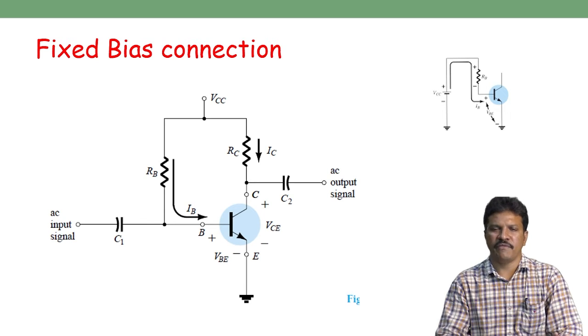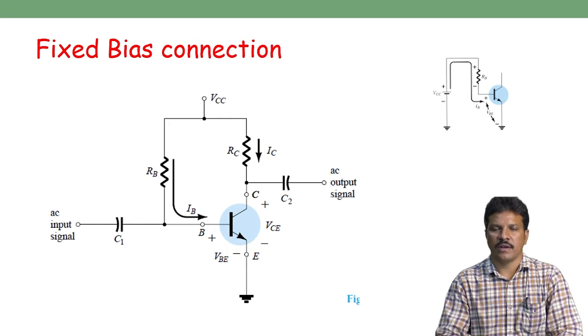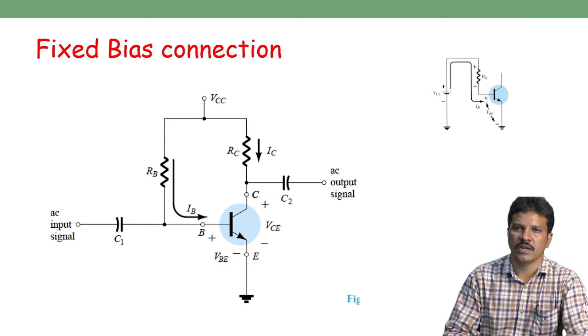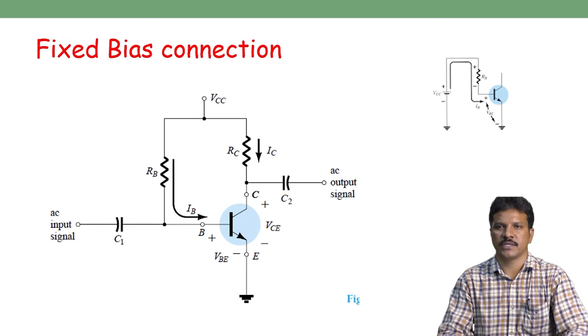There are different kinds of biasing, called fixed bias or base bias, and voltage divider bias. In this subject, we cover fixed bias and voltage divider bias.